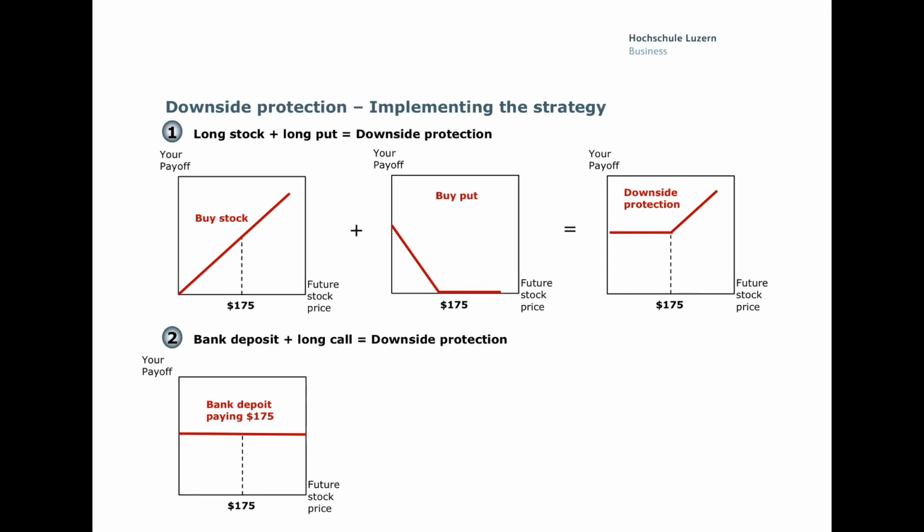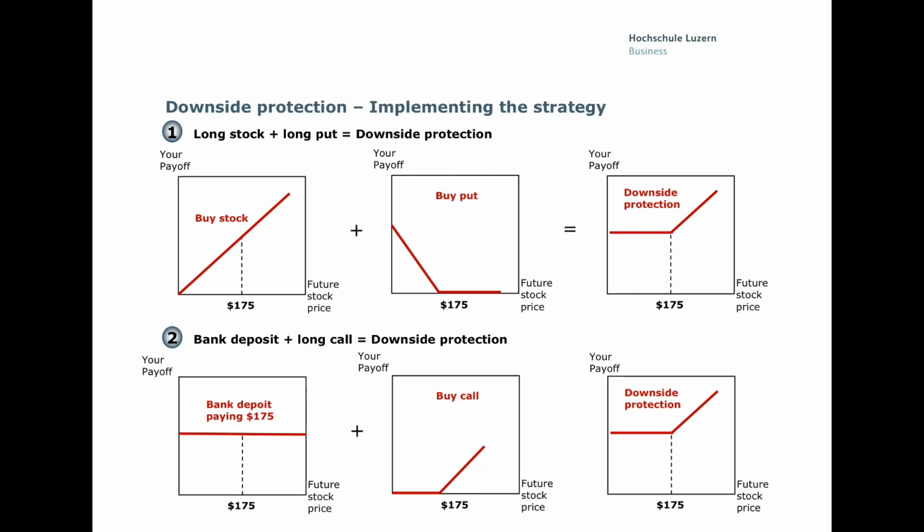Next, the payoff from a call option on the stock with an exercise price of $175 is illustrated. The investor receives a positive payoff if the stock price is larger than the exercise price on the day the call option expires. Note that the investor uses the bank deposit to buy the option for $175 at maturity.